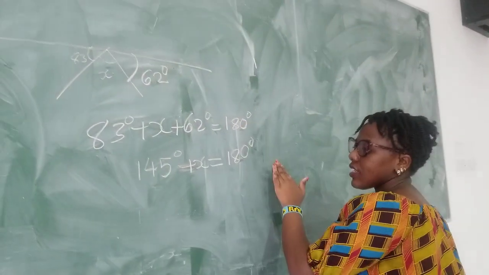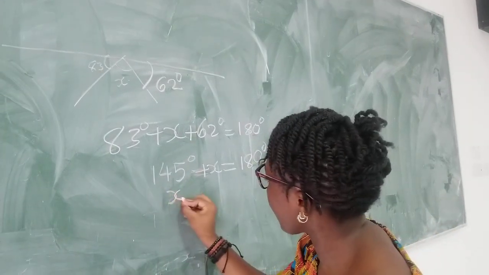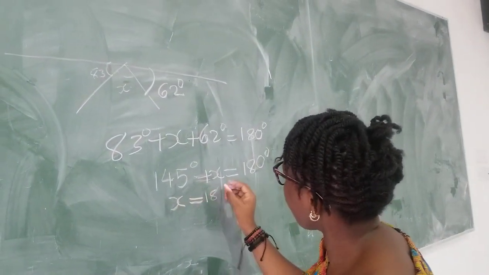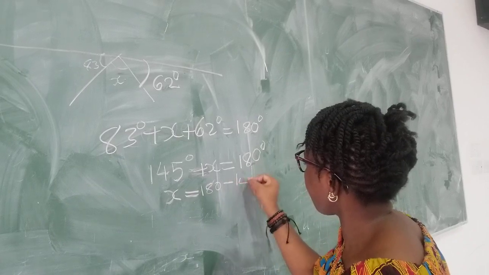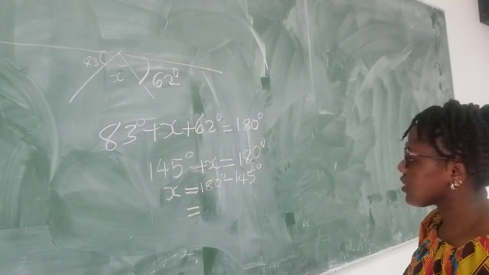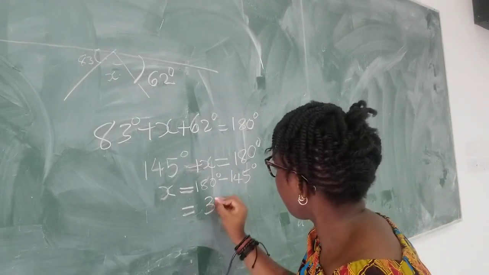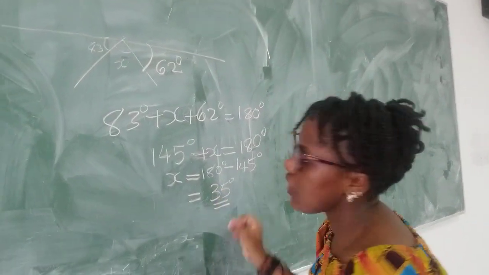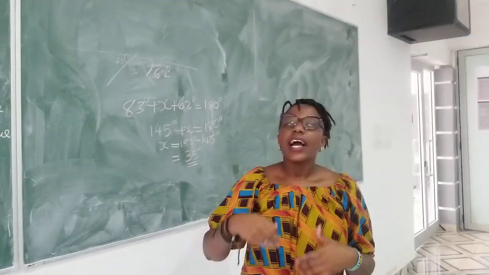So we take 145 to the other side, and x equals 180 minus 145 degrees. This will give us 35 degrees, and that will be the value of x.